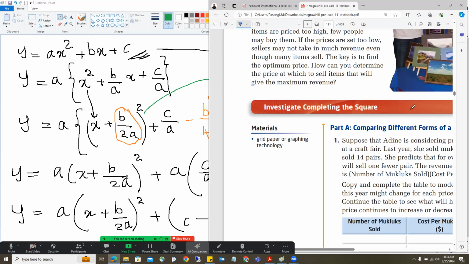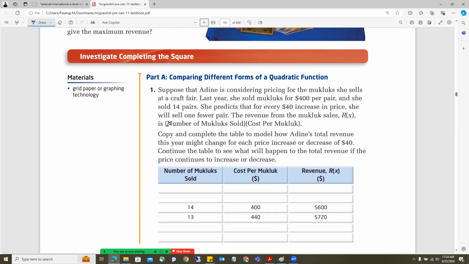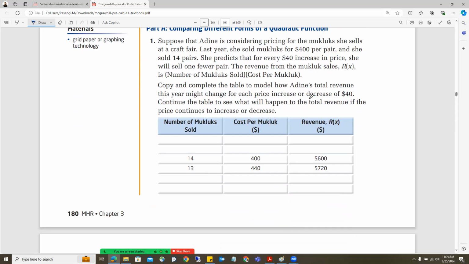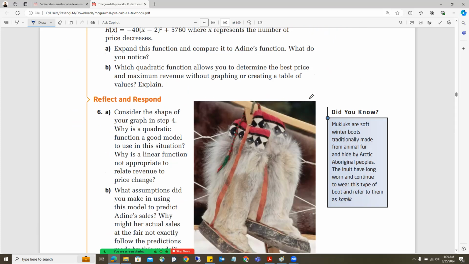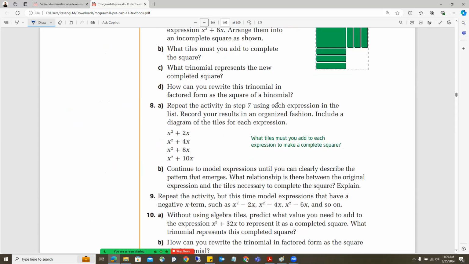Okay, if I move to the unit, I mean lesson, investigating completing the squares. Now what they are doing, they have just asked us to do kind of a practical situation. Part A, comparing different forms of a quadratic function. We'll move to this one.